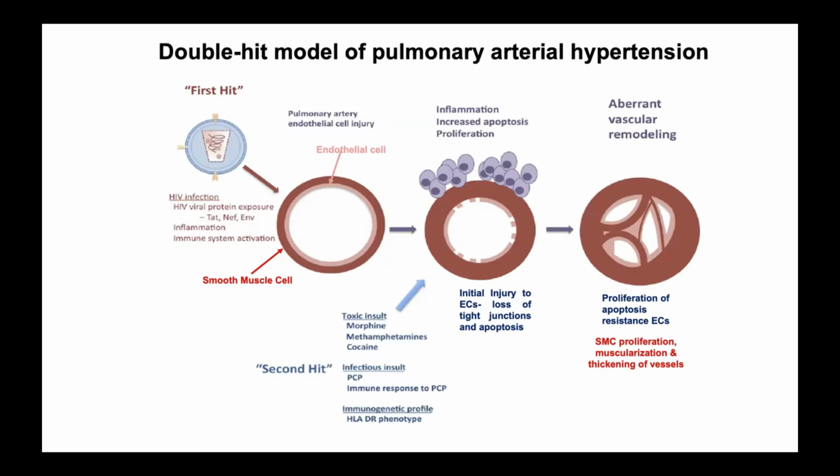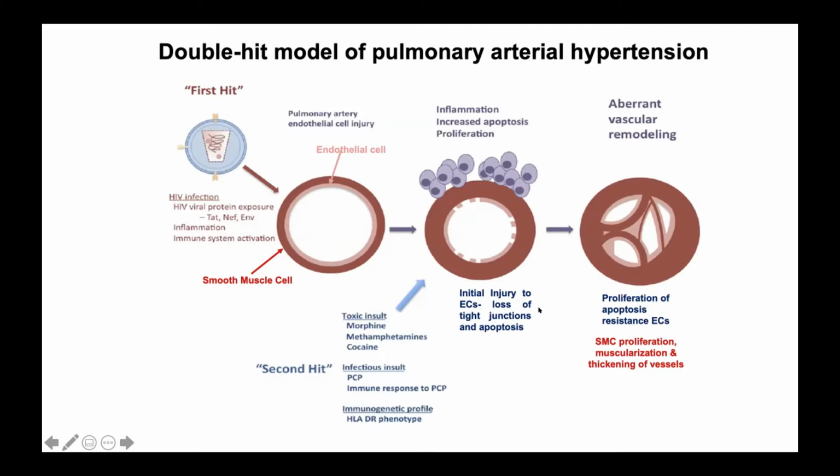Here, we extrapolate this same hypothesis and think that HIV infection itself acts as a first hit to develop pulmonary arterial hypertension. And when there is a second hit of a drug of abuse, things become worse.